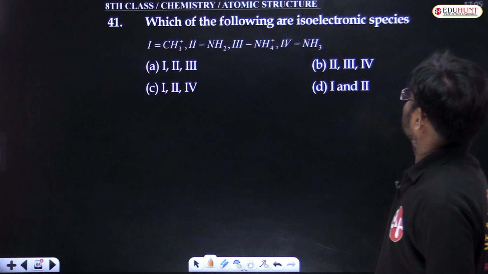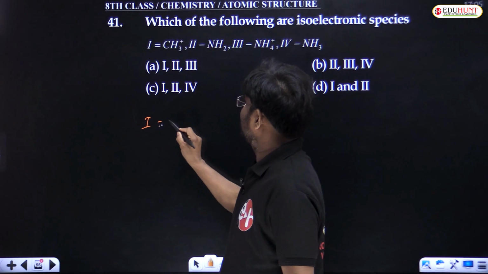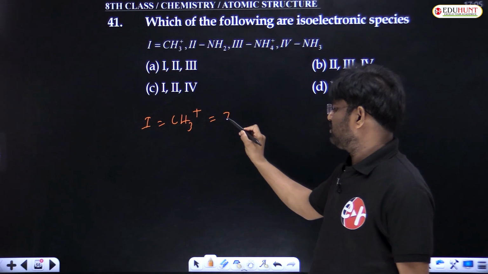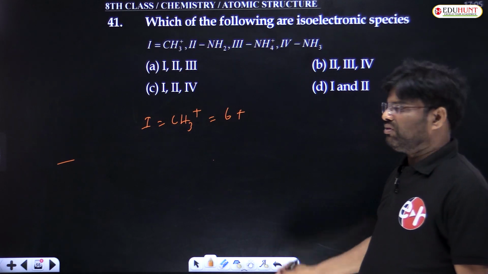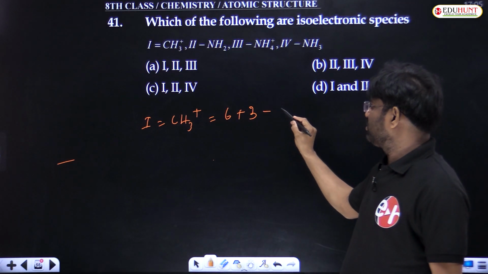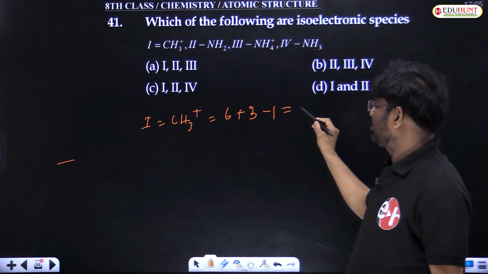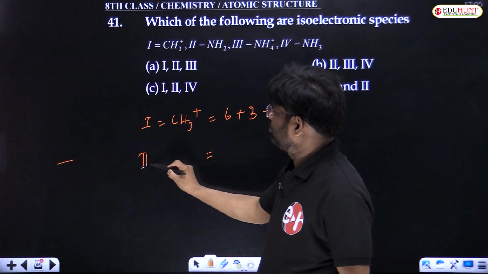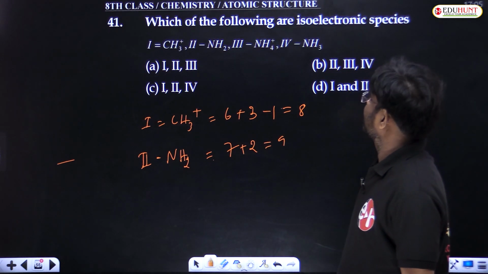Which one of the following is isoelectronic? This is a similar repeated question. Taking Roman numeral 1, CH3 plus: carbon atomic number 6, hydrogens 3, total 9, plus sign so minus 1, that is 8. Roman numeral 2, NH2: 7 plus 2, that is 9.